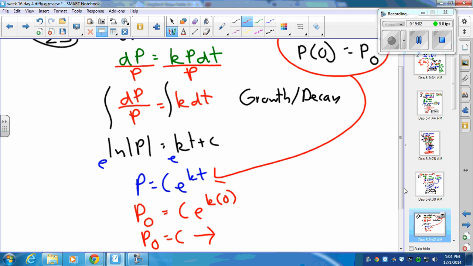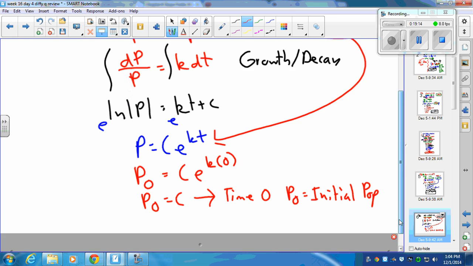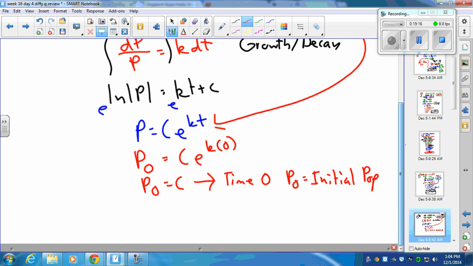Basically, the way you need to read that is at time 0, you have your p naught, which is called your initial population. So in this case, you would have p equals p naught e to the kt.